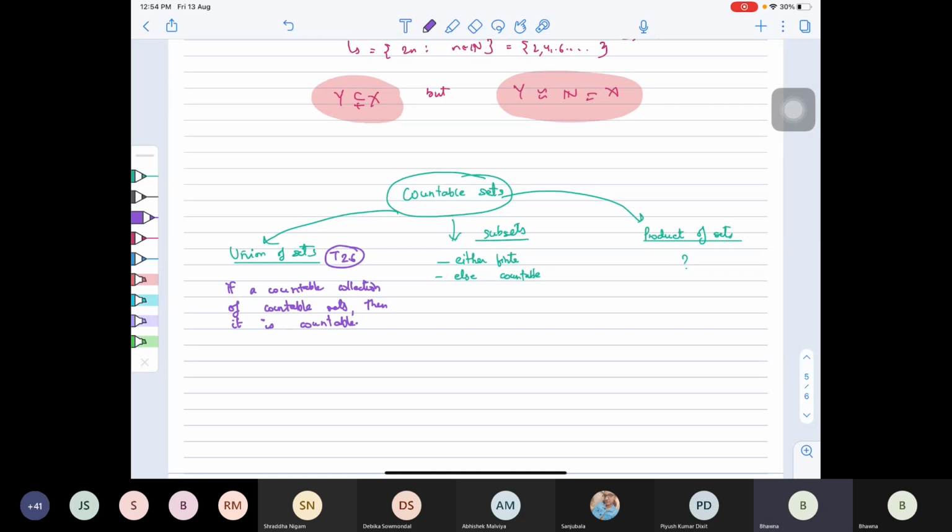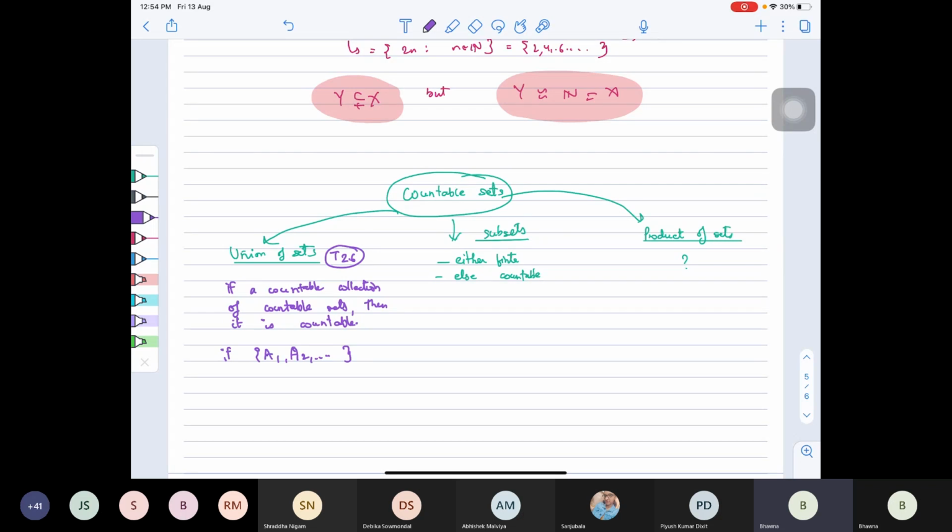If I have a countable collection, that means if we have A1, A2, dot dot dot, we can index all the sets. I'm just taking an enumeration, because we know that if we have countable sets, we can enumerate them.